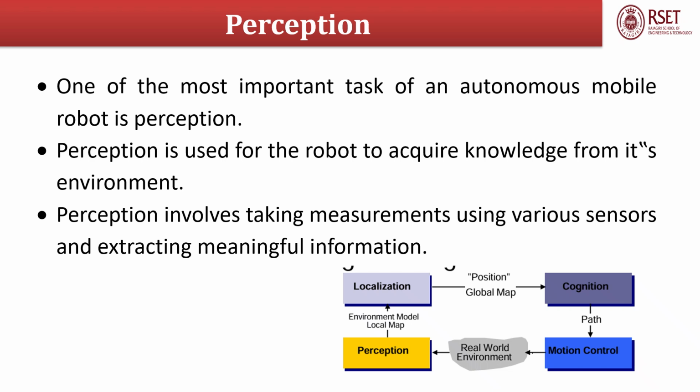From the cognition block, the path is designed or determined and it is fed to the motion control, where the movements will happen. From the motion control, the data will be sent through the real world environment to perception and it is again fed back to localization.